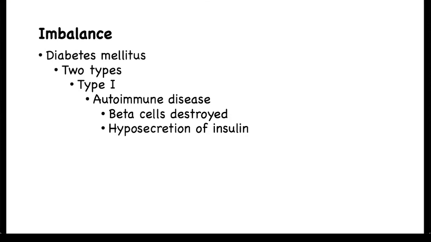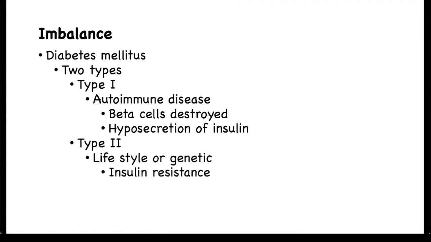The second type of diabetes mellitus is type 2. Over 90% of diabetes patients have type 2. Type 2 usually appears later in life and is due to lifestyle or a combination of that and genetics.